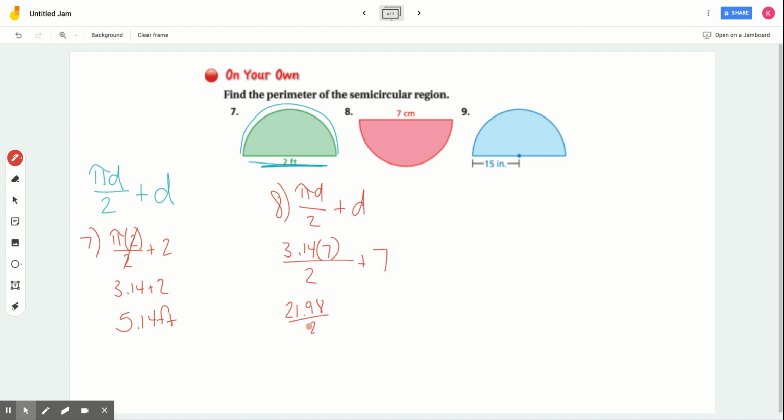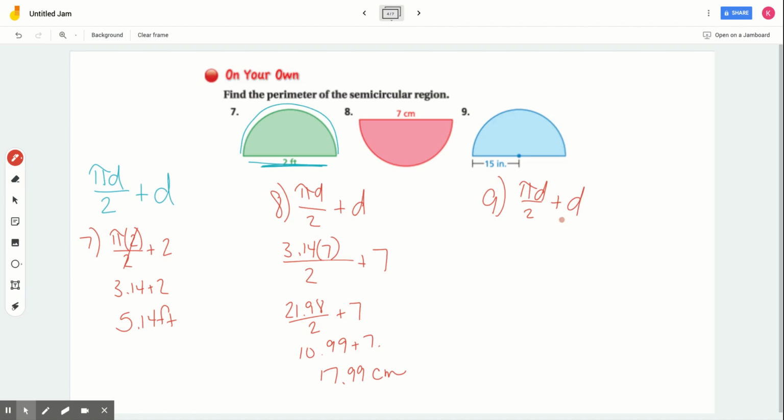So 21.98 divided by 2 plus 7. So when we divide 21.98 by 2, we get 10.99. And 10.99 plus 7 would give us 17.99 centimeters.